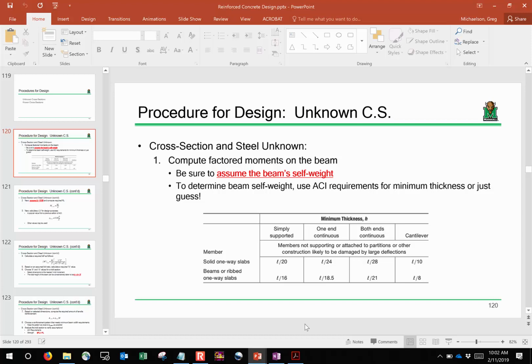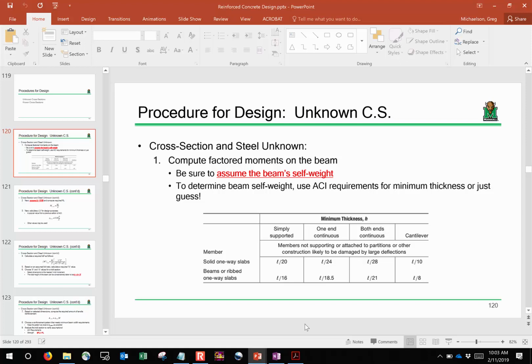Just to be clear, when it's all said and done, our assumption is probably going to be a little low. In other words, we're going to assume a self-weight, but in actuality, the beam's probably going to be a little bit heavier, which means at the end, when we go back and analyze the beam, we're going to have to iterate on the factored moments. That's just something to be aware of near the end.